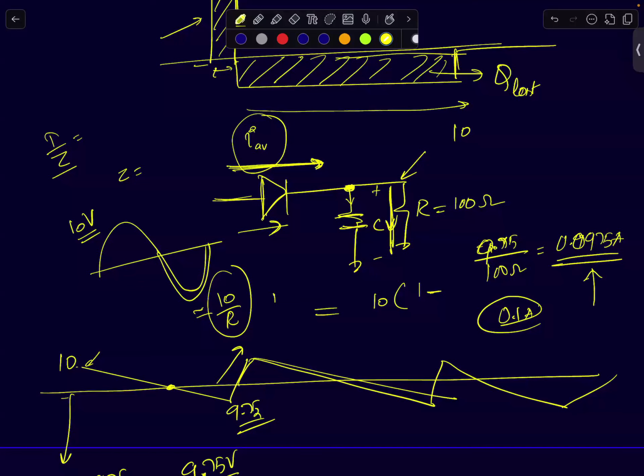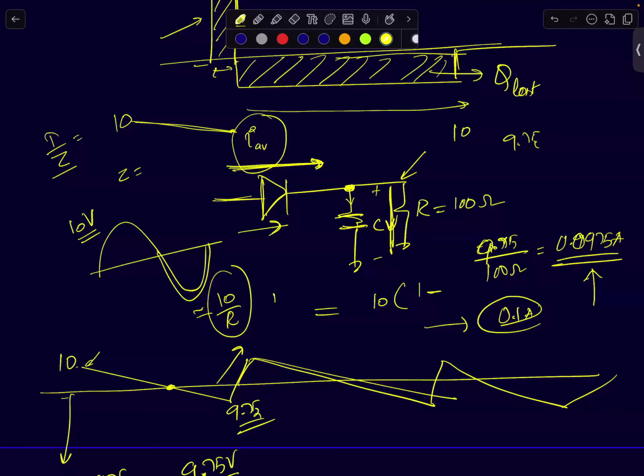You just find the average value, which is 9.75 volts, assuming you start off at 10 volts and you discharge to 95% of its value. So the average will be 9.75 volts. If you use that, great. But I think they didn't even expect that. They were expecting to give a number close to 10 volts divided by R, which was 0.1 ampere.